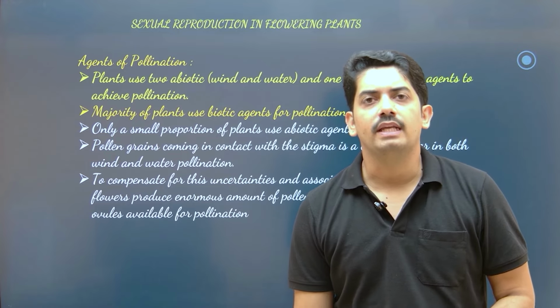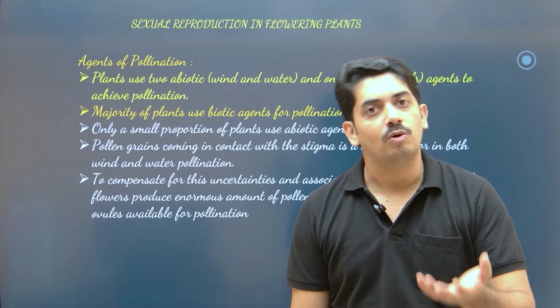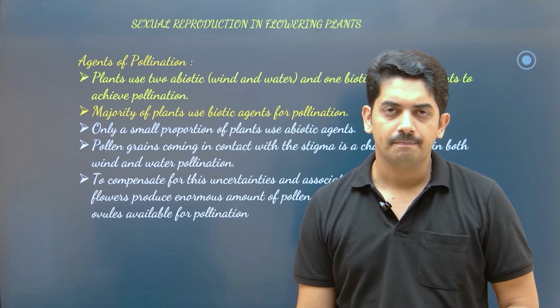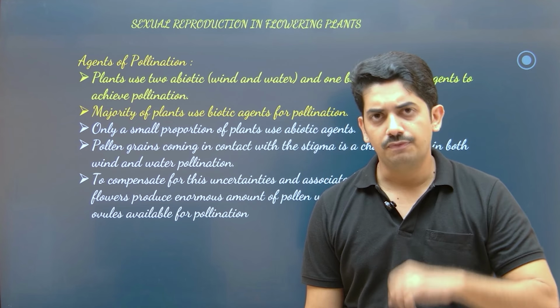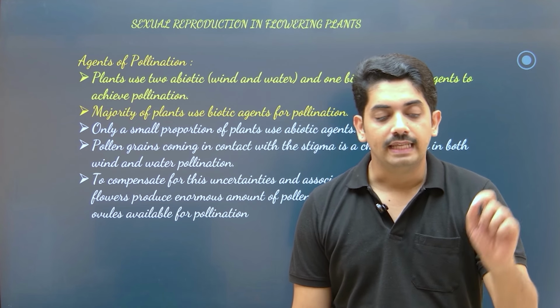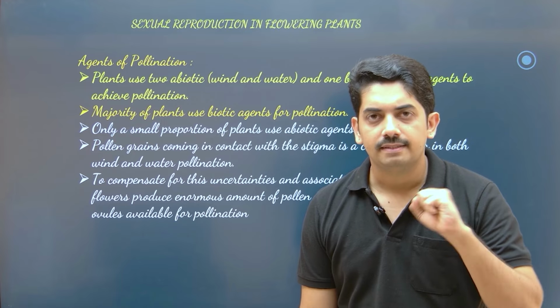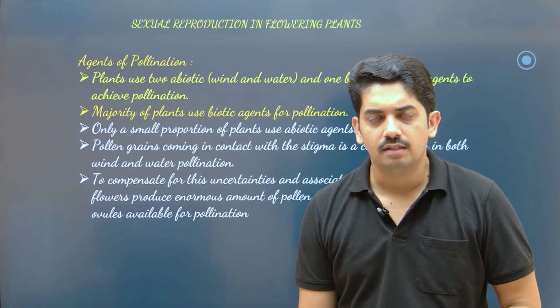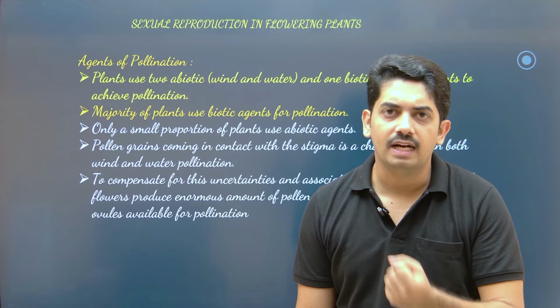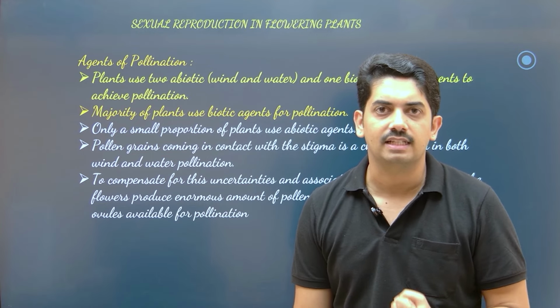In the early morning, you just visit your garden and observe the activity of insects. Suppose you observe butterflies, they specifically visit certain plants and they take reward from the flowers, they take the nectar.